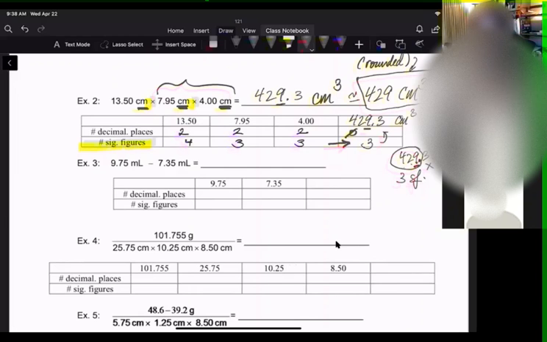We take 3. So our answer has 3 significant figures. If it is multiplication or division, we can use this rule. In case of addition and subtraction, we look at the decimal places, the fewest decimal places. And the other question on the chat was why centimeter cubed?